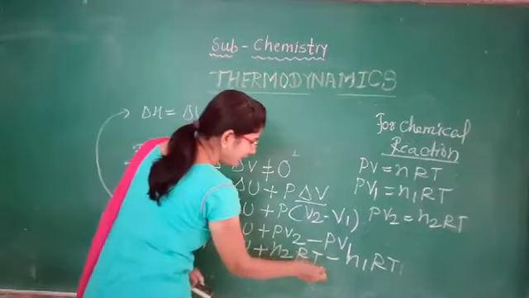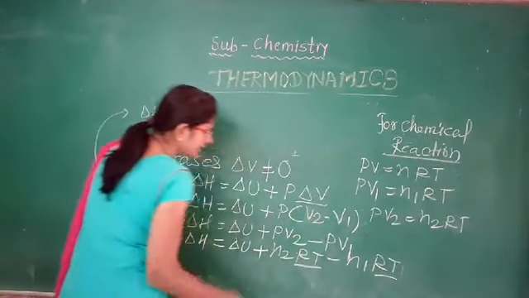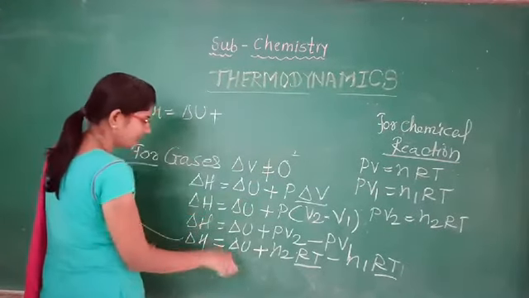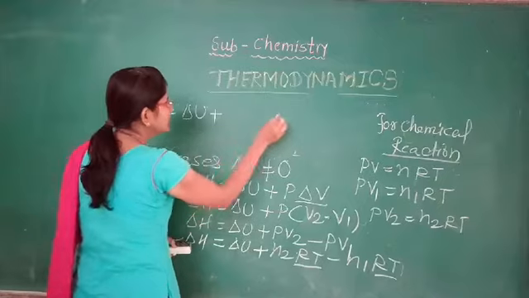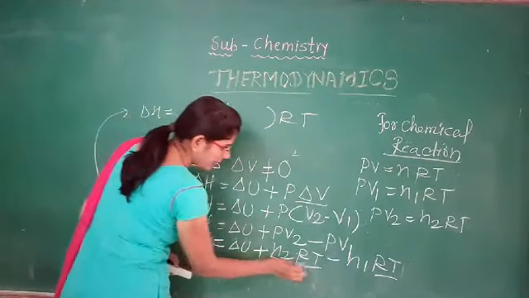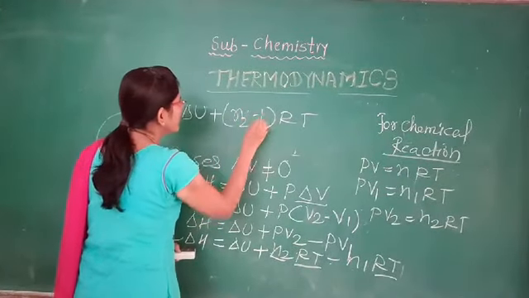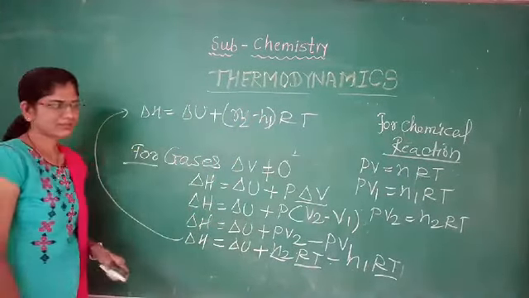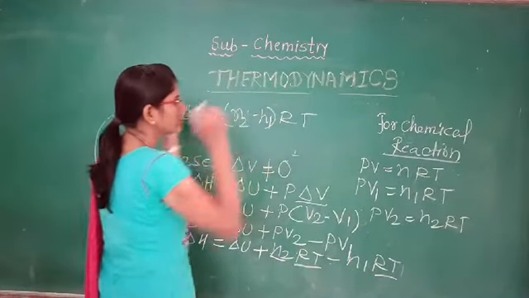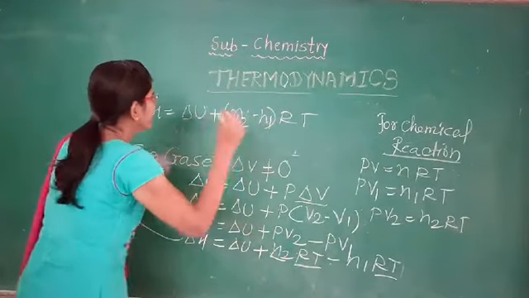Here RT is common in both these terms, and therefore it comes out from the bracket, and therefore delta U plus RT, and in the bracket here N2 minus N1 remains. RT is common, and therefore it comes out from the bracket, and here the N2 minus N1 is taken in the bracket.